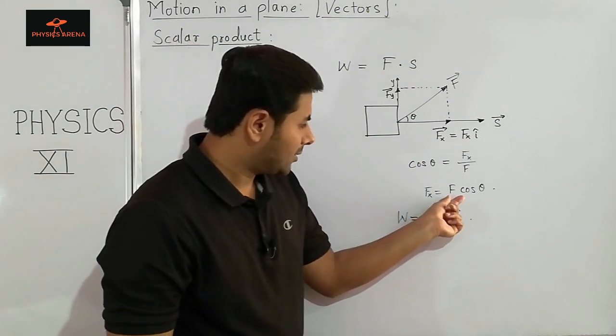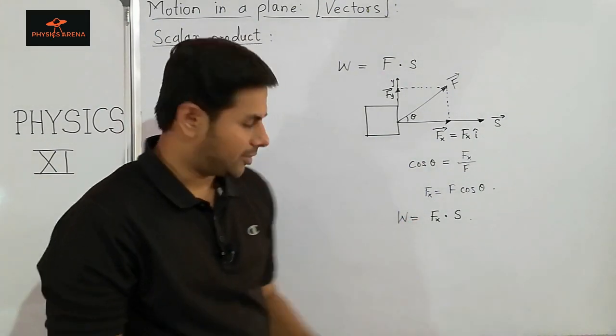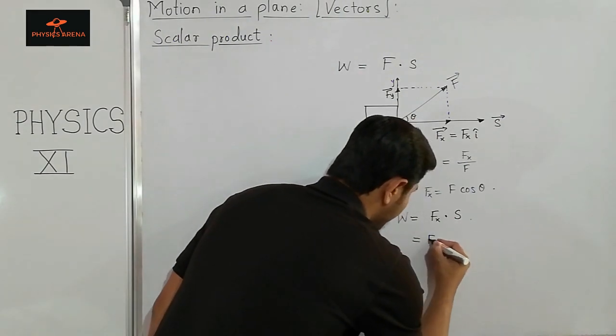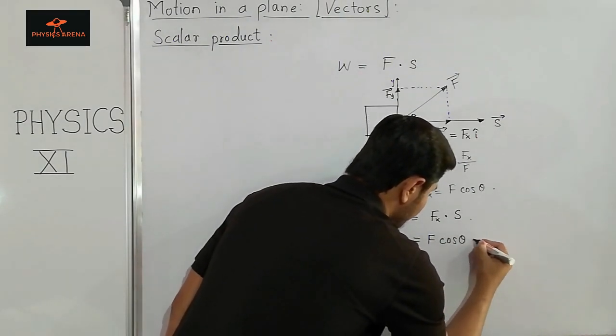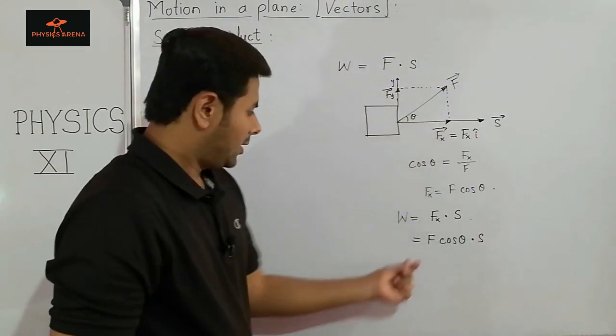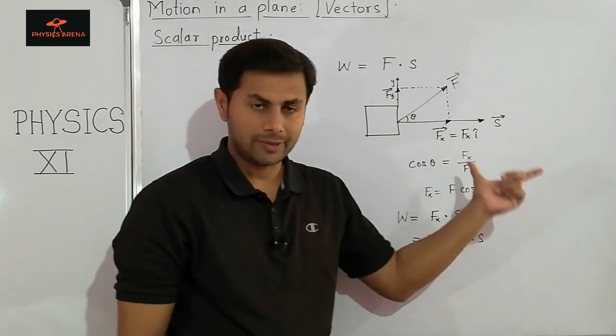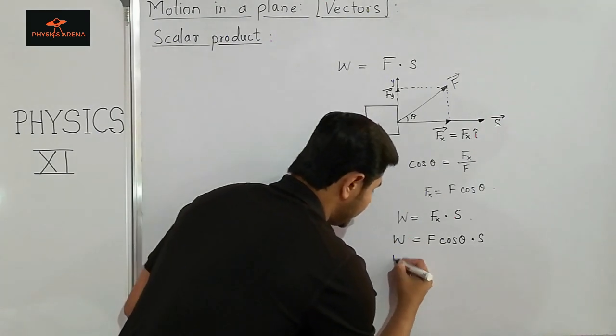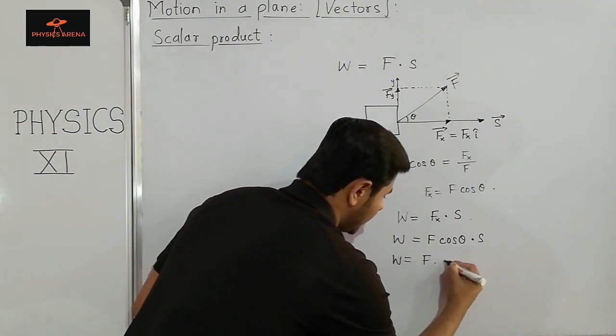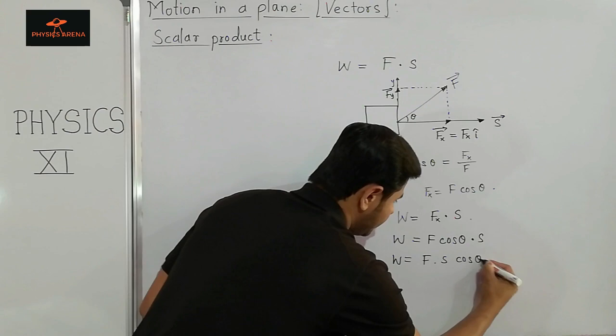And what is Fx? It is F times cosine theta. So it is F cosine theta into s. F is the magnitude of force, s is the magnitude of the displacement. So I can write this as W equals F into s into cosine theta.